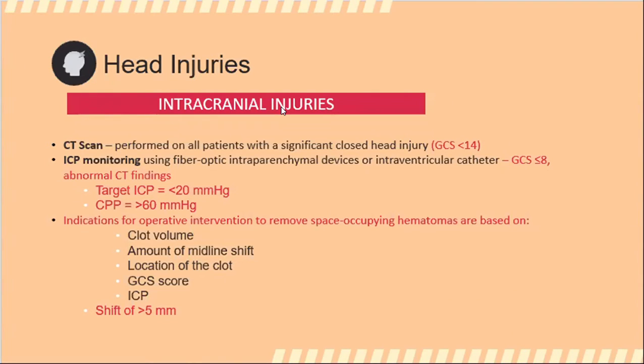So you do CT scan on all patients with a GCS of less than 14. If the patient has a GCS of less than 14, the patient may appear drowsy, or may have difficulty following commands, or doesn't have spontaneous eye opening. So you're already suspecting a possible head injury, so you do CT scan if it's available in your center.